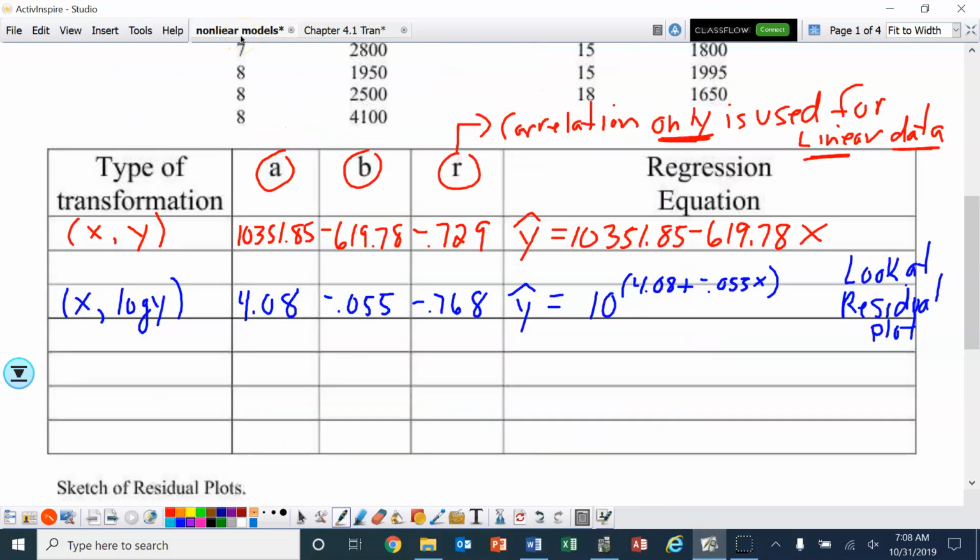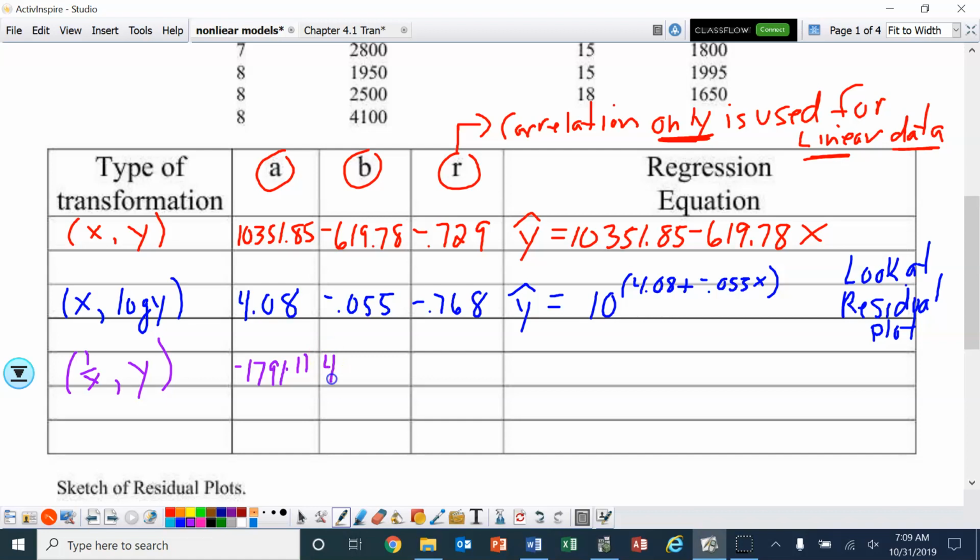All right, so let's fill that in on the table. We took 1 divided by x, and we left y alone here. The A value is negative 1791.11. Again, I'm going 2 decimal places because it's money.